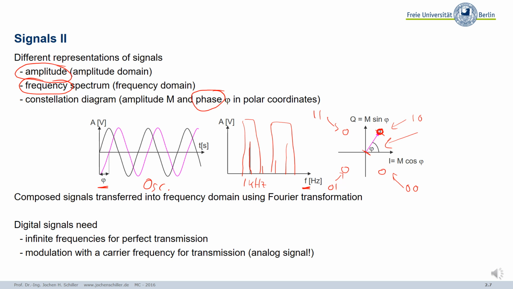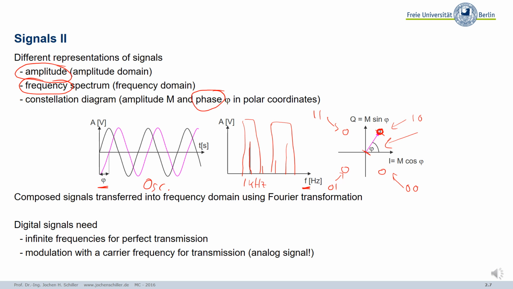You assign digital values, in this case, 2 bits per point in our constellation diagram, and this is exactly what modems do for wires. And that's the same we do here for the wireless domain. But it's a little bit more complicated because we have a lot more interference, but basically it's exactly the same. So these are just 3 ways of showing what's going on when we look at signals.